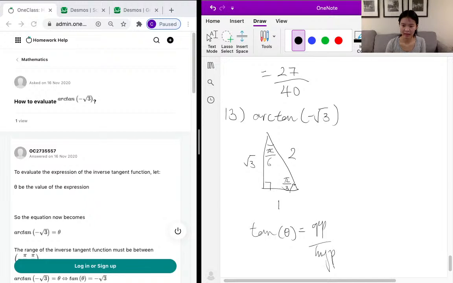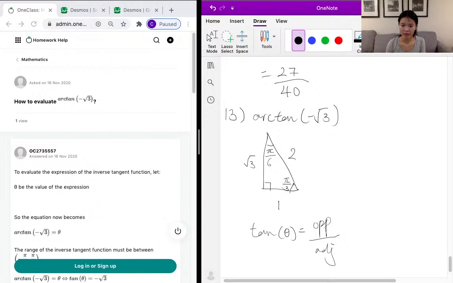I'm really sorry, the tangent of an angle is actually the opposite over adjacent. Opposite over hypotenuse is the sine function. Okay, let's use the triangle to see which angle has opposite over adjacent of value √3.